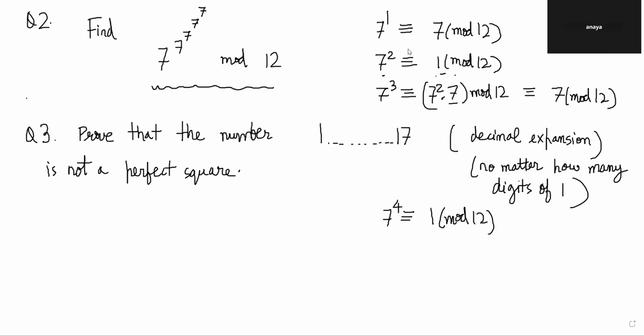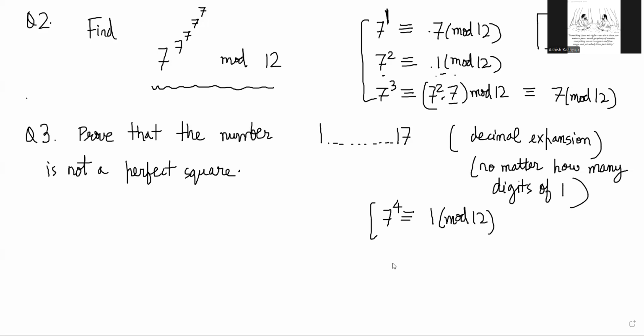So can you see that powers of 7 mod 12 are always going to be 7 or 1? No matter what power you take, it will always be either 7 or 1. It will be 7 if it's an odd power, and it will be 1 if it is an even power.